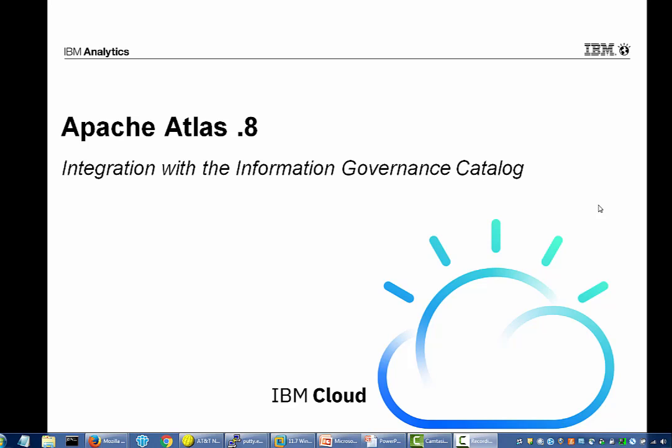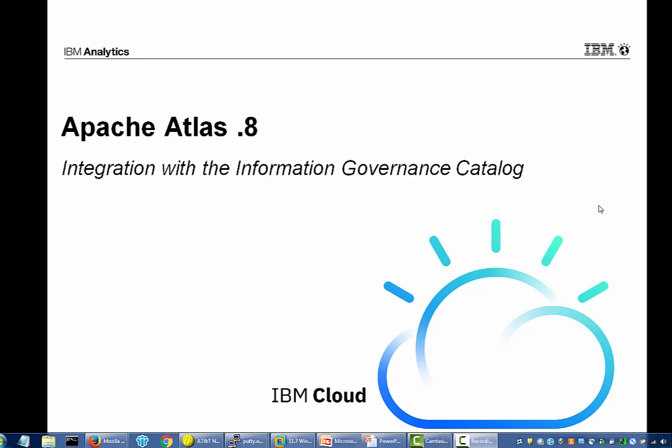But in the meantime, we know that many of you are using 0.8, typically or often with Hortonworks HDP, and need something right now. In this demonstration, we will look at the real-time and bidirectional integration between Apache Atlas and IGC.